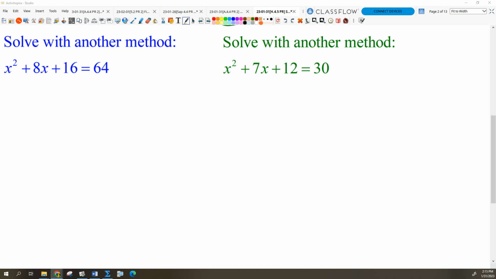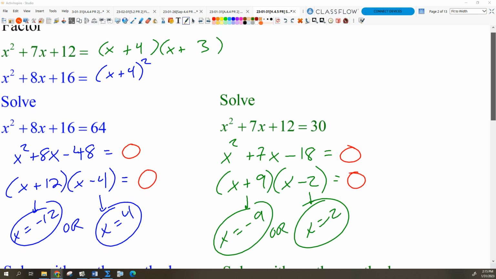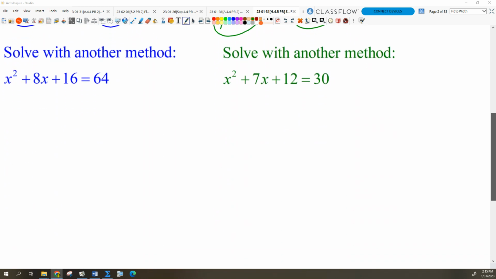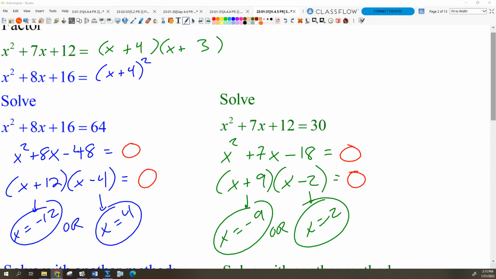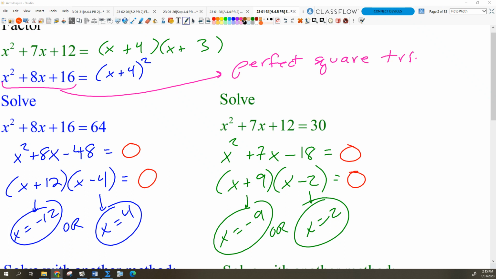Now look what's on the left side. Look what's on the left side. You guys factored that a little bit ago. That factored into x plus 4 quantity squared, didn't it? Right? Okay. And the reason it did that is because what we started off here with was called a perfect square trinomial, right?